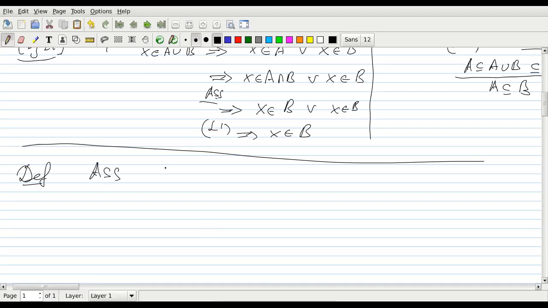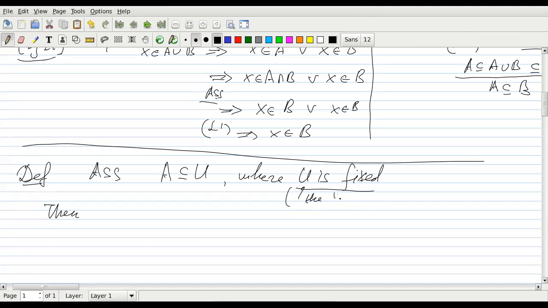Assume that A is a subset of some U, where U is fixed. What does it mean, fixed? Fixed, that means that it is known from the context, and we don't want to mention it explicitly every time. Then such U is called the universe. Of course, it is not, no way, it is not the set of all sets or something like that.